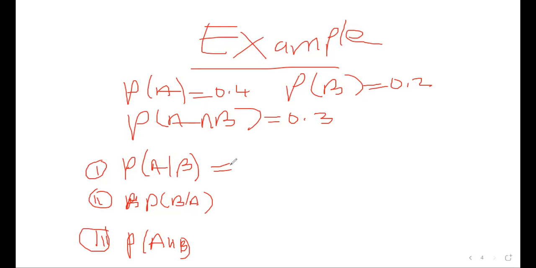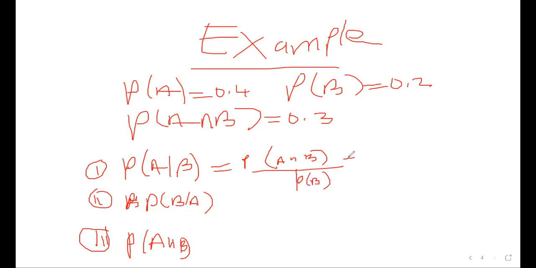It's going to be equal to probability of A intersection B over probability of B, correct.